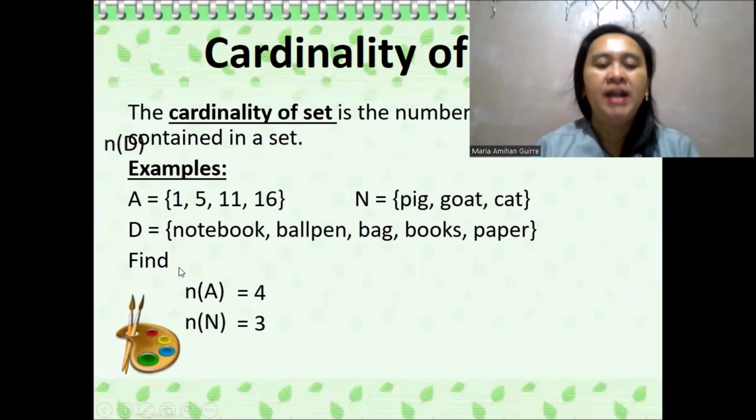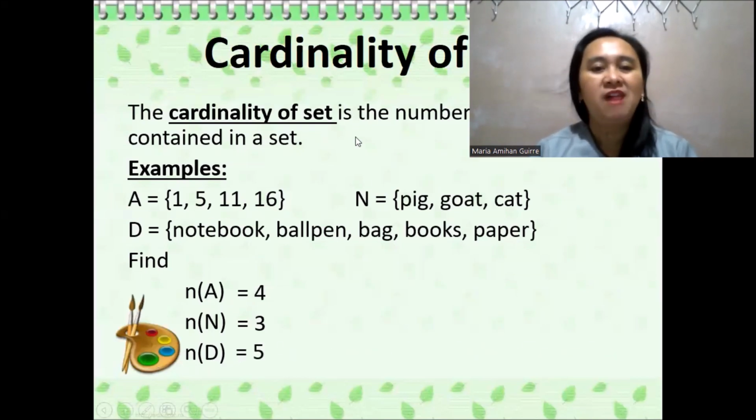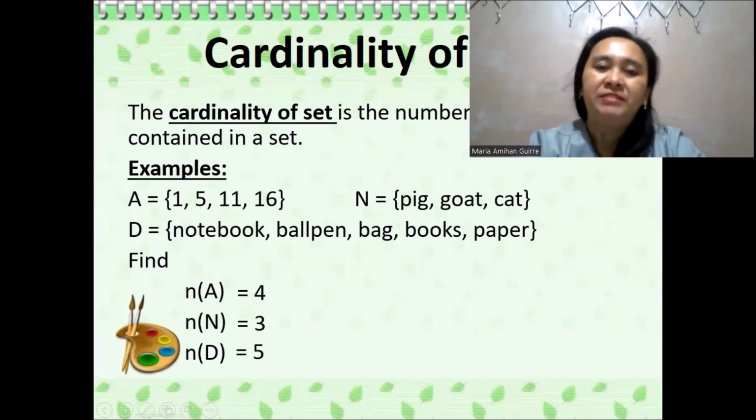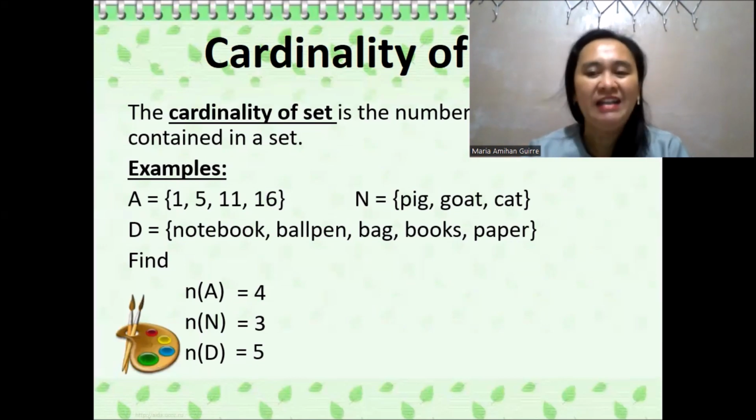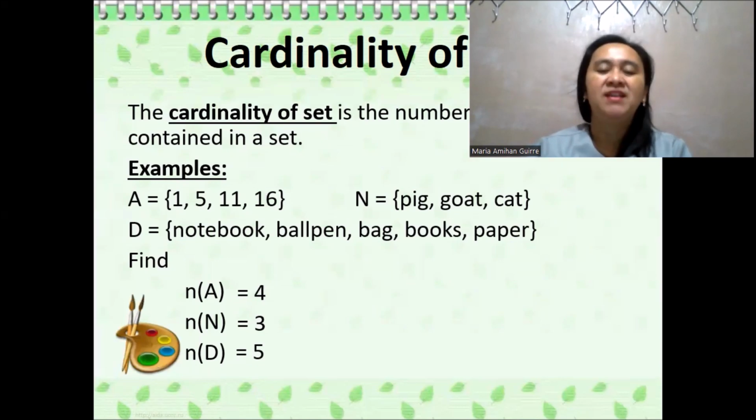Then for n of set B, count the number of elements: 1, 2, 3, 4, 5. Therefore, n of set B is equal to 5. So, these are the cardinality of sets. So, I hope maliwanag at madaling naintindihan how to find the number of elements in a given set.